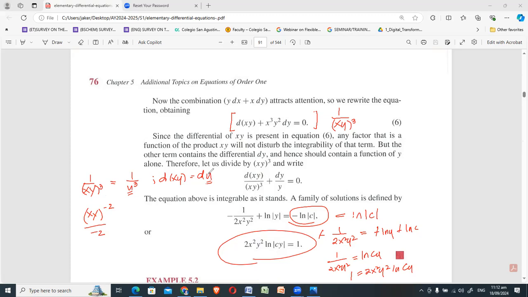So if you have du over u cubed, that would simply entail using the power rule on 1 over u cubed, or that would simply be u raised to negative 3. If it's u raised to negative 3, the answer if integrated is u raised to negative 2 over negative 2. But what is that u that you place here? That's xy.